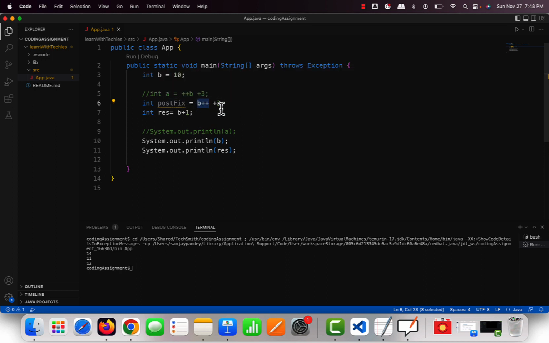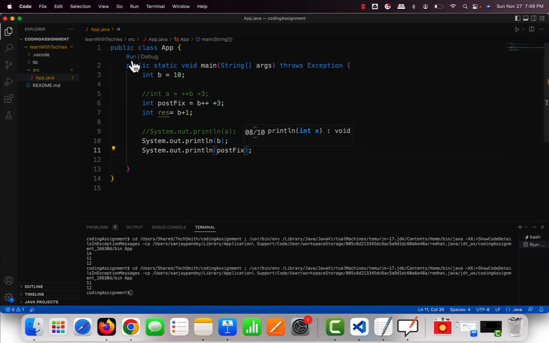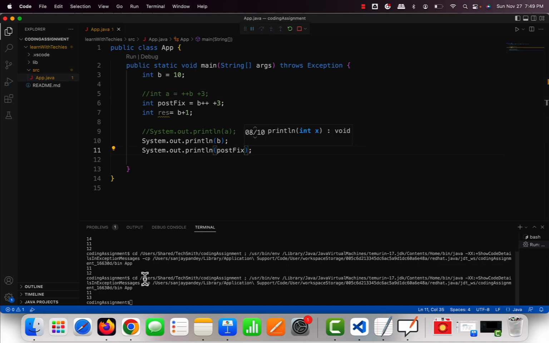So it was 10 plus 3, 13, but with the prefix a the value is 11 plus 3, that is 14. If I run it again, the value is 11 and 13. So b is 11 because it's 11 after this expression is run, and the postfix result is 13 because it's still reading it as 10 plus 3, 13, and then b equals b plus 1. Let me clear this out.